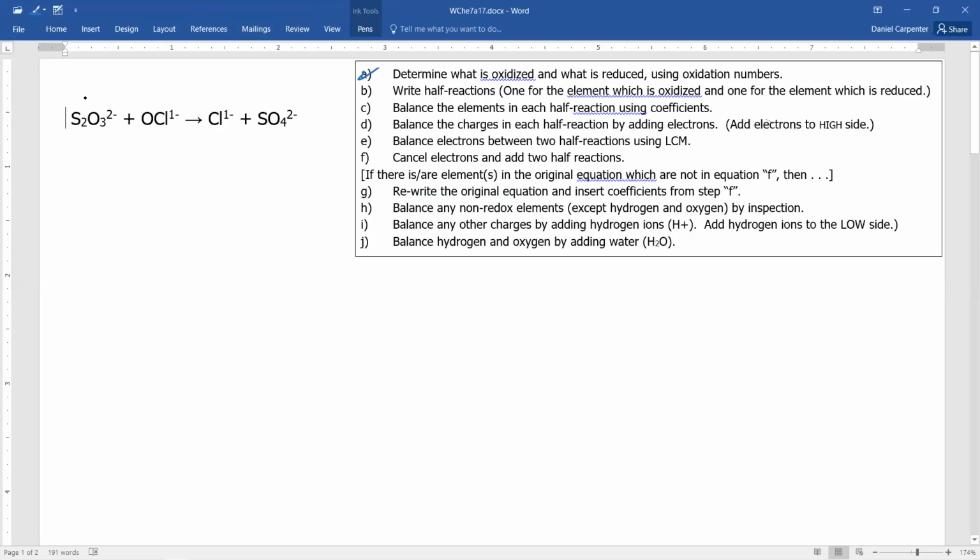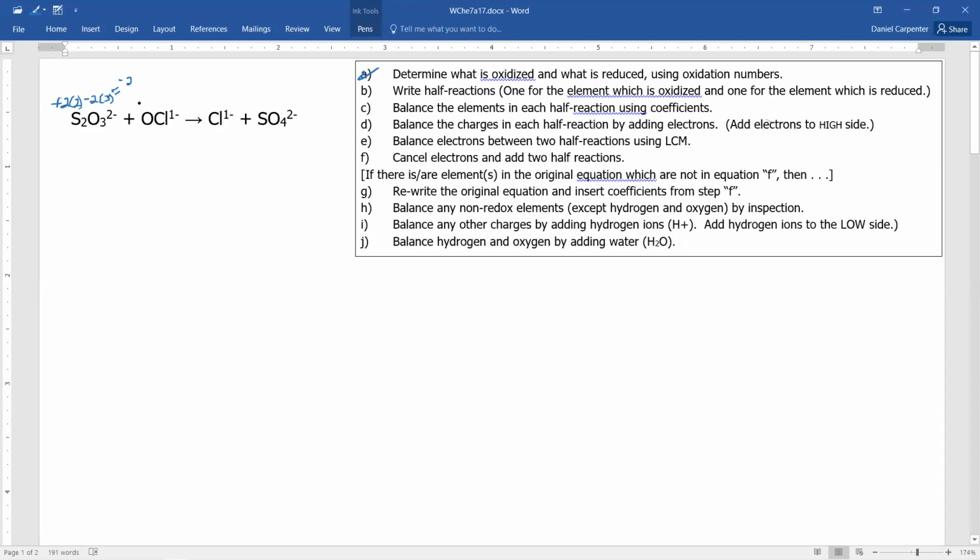I'm going to zip through this because you're supposed to know what's going on by now. So oxygen is -2, and there are 3 of them, and it has to add up to -2 because of this charge right here. So that's -6. This must be +2 times 2. That would be +4 minus 6 is -2.